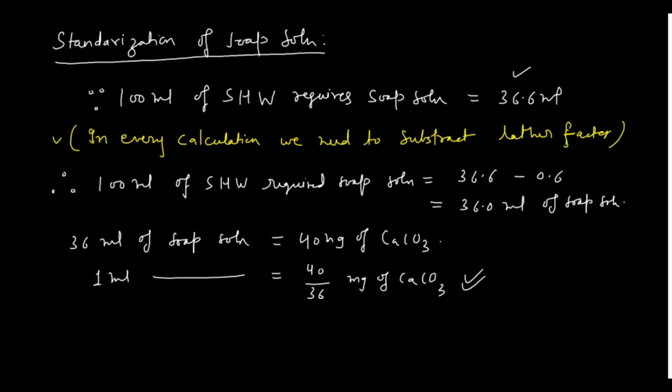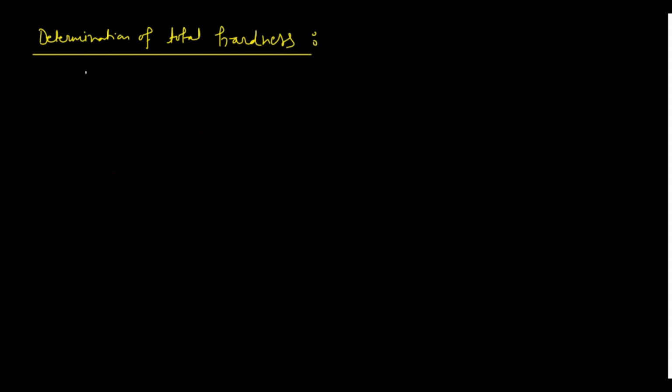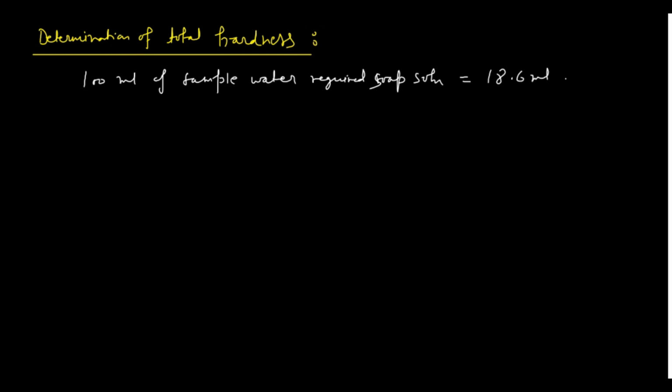So how to do the calculation? Again, it's quite simple here. So what you can do, 100 ml of sample water. Now you are having the sample water, for which you need to determine the water hardness, total hardness, right? 100 ml of sample hard water required soap solution, that is equals to how much? 18.6 ml of soap solution, right?